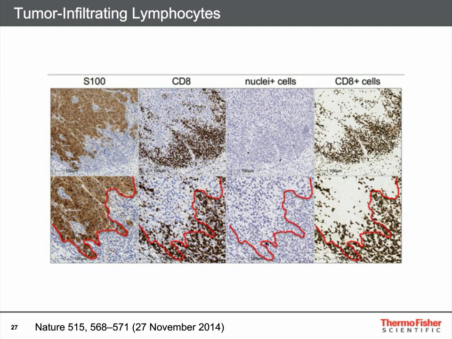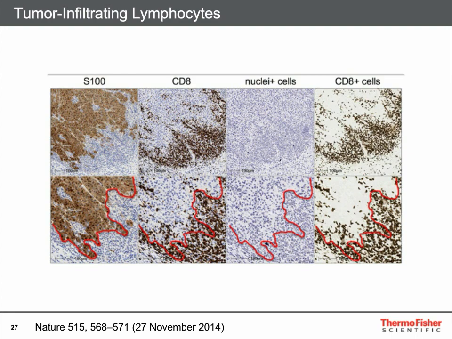And so if we look at a tumor tissue section of a patient's tumor, we can see in the brown stain here on the left column an indication of the tumor parenchyma. The red line on these plots indicates the margin of the tumor in this biopsy sample.